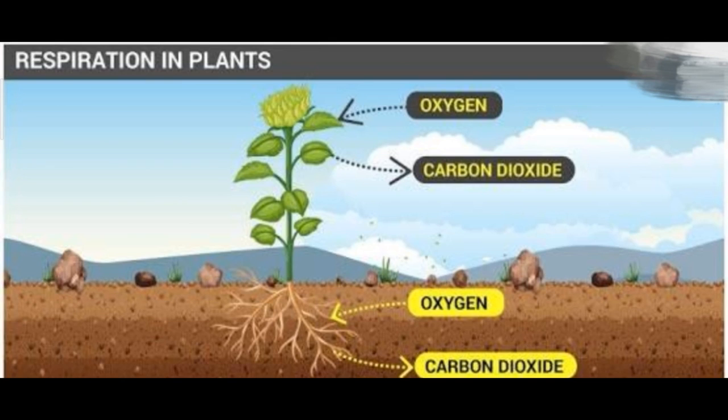Do plants also respire? Definitely yes. Like other living organisms, plants also respire for their survival. They also take in oxygen from the air and give out carbon dioxide. In the cells, oxygen is used to break down glucose into carbon dioxide and water, as we have studied in aerobic respiration.